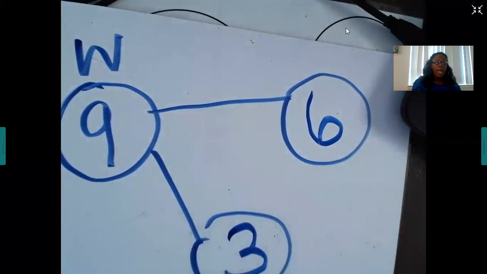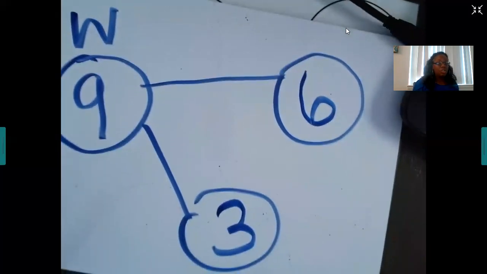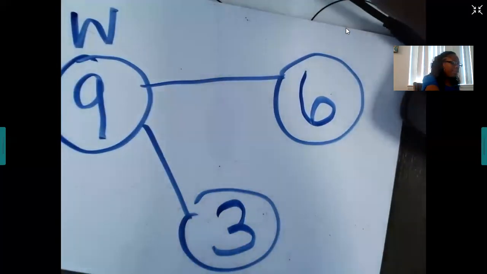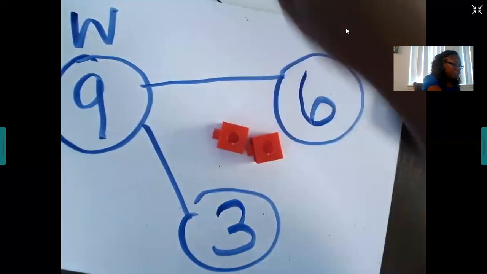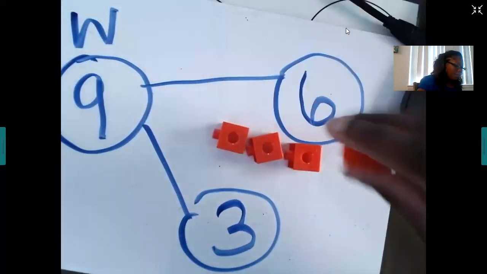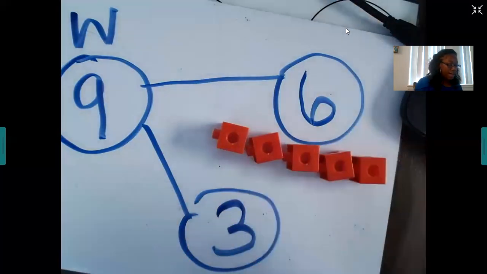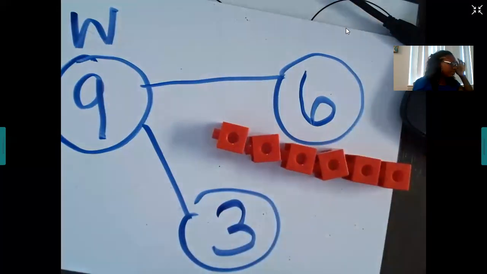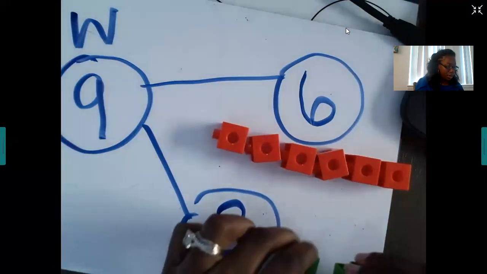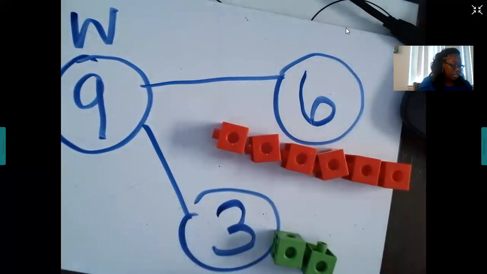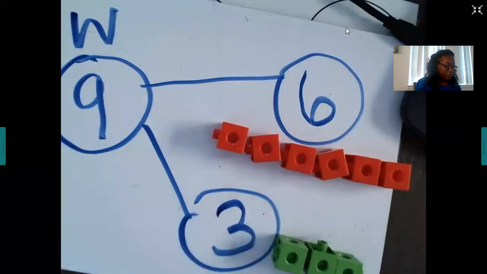Well, Miss Bowen, how do I know if my answer is right? Well, I'm going to put 6 cubes here so I can see it. 1, 2, 3, 4, 5, 6. And then I'm going to put 3 cubes here. 1, 2, 3, because that's my second part.